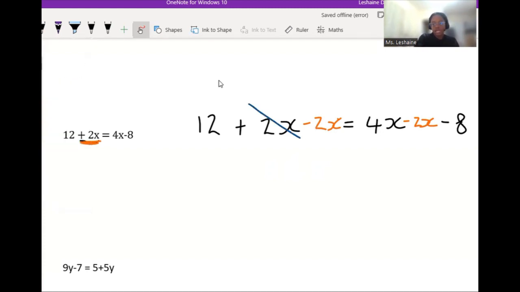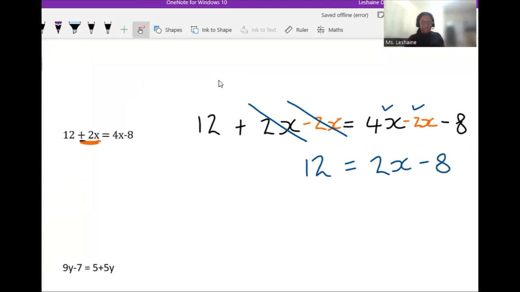Do you notice that I currently have a 2x minus 2x? Now, if I have anything minus itself, that just becomes 0. If I have 2x minus 2x, that's 0. If I have 10 minus 10, that's 0. So on the left side, I have 12 is equal to, so if I have 4x minus 2x, 4 minus 2 leaves us with a 2x minus 8.